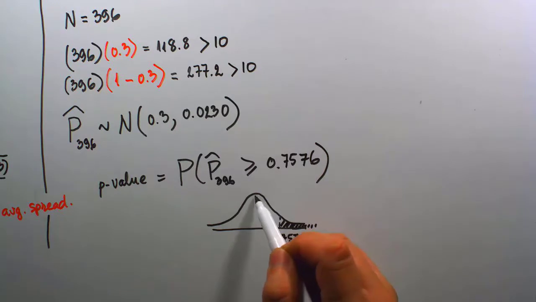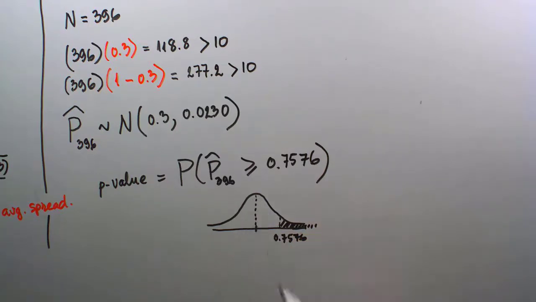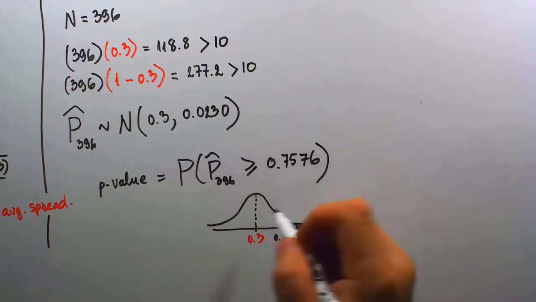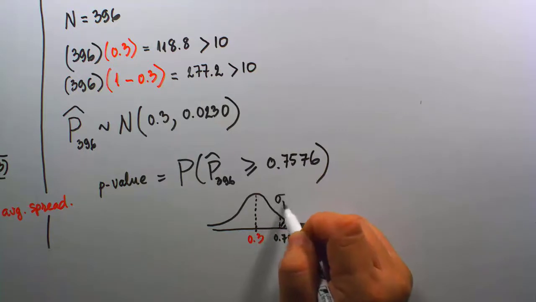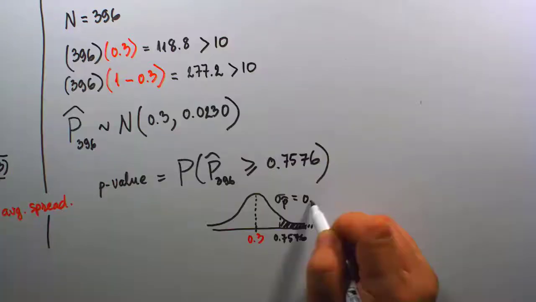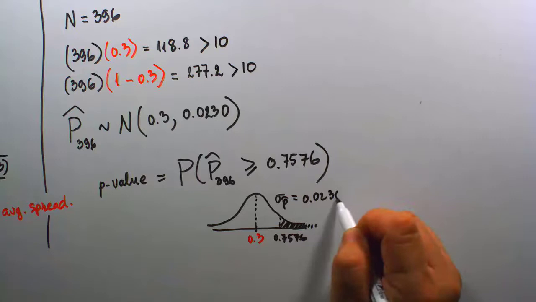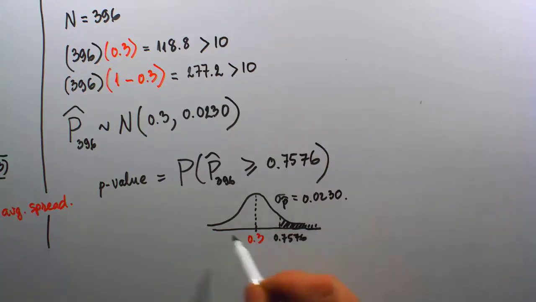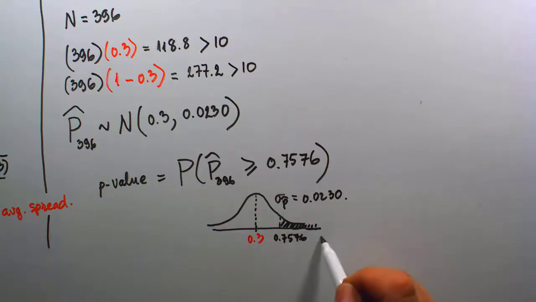Now we're clear that this bell curve has center being 0.3, and the standard deviation on this bell curve, sigma p hat, equals 0.0230. Any value on this line right here is a value of the random variable capital P hat 396.